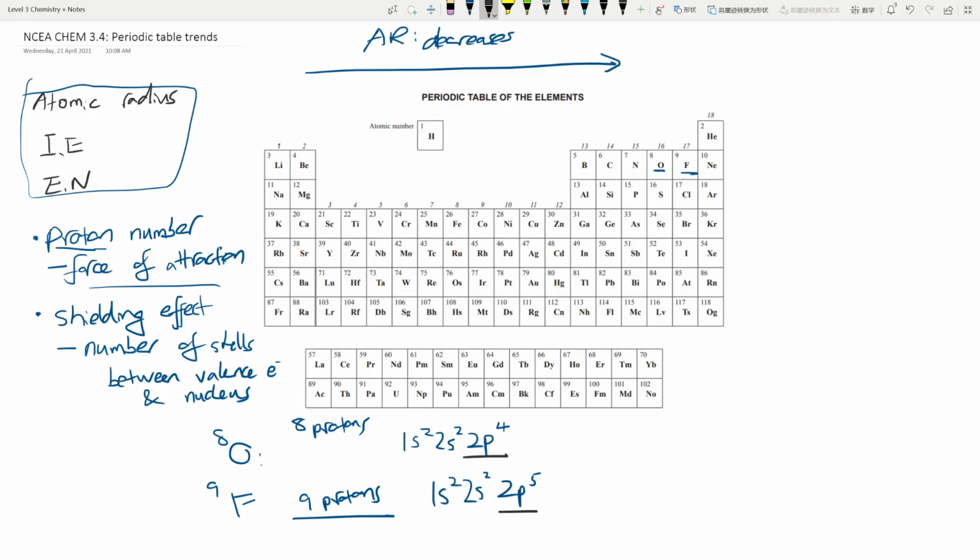Okay, so combining the two effects together, and this is something that a lot of students use but don't understand what it is. Once you consider that fluorine has more protons, that means it has a stronger force of attraction from the nucleus.